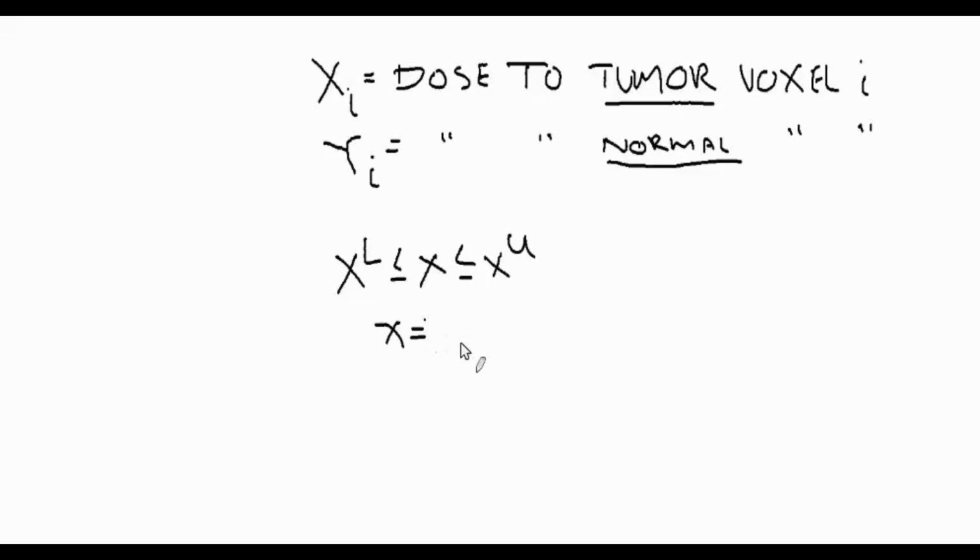Basic physics also says that A sub t relates the vector W to the vector X. So X is this dose vector for tumor voxels. W is a vector of beam weights, and A sub t transforms the beam weights into the doses.